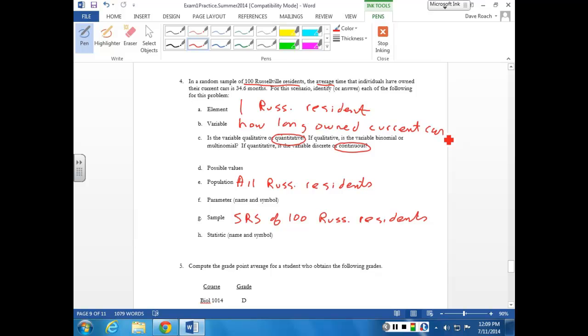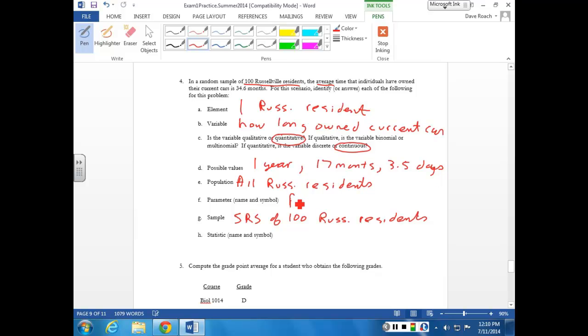And possible values for that could be 1 year, 17 months, 3.5 days. Of course, you'd want to put all these in the same units before you made any calculations, but I just want to get at the point that it can be anywhere on the scale. Since it's quantitative and continuous, our parameter, and we're looking at averages, if you see average, it's the mean.